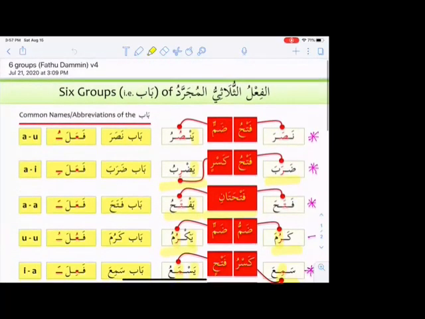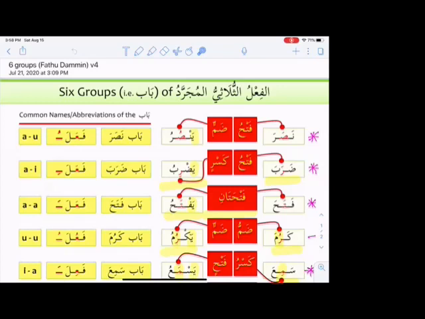Now, according to his vision, we should first learn the three-letter verbs. All verbs in the Arabic language, my brothers and sisters, have a root. Most of them have a three-letter root. And this is what Dr. Abdurrahim is teaching us.